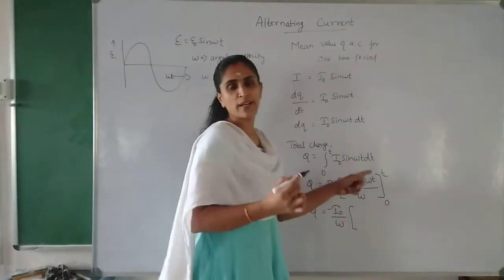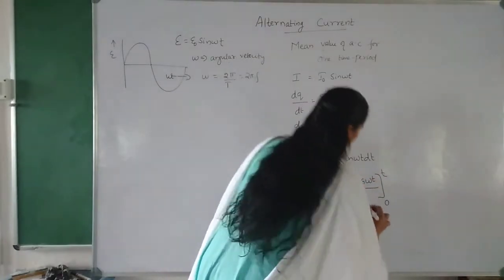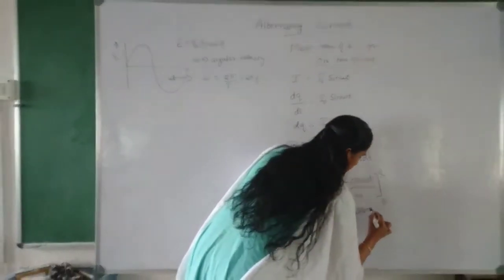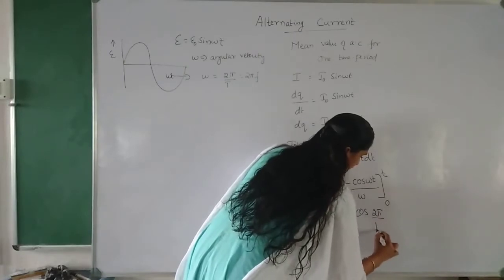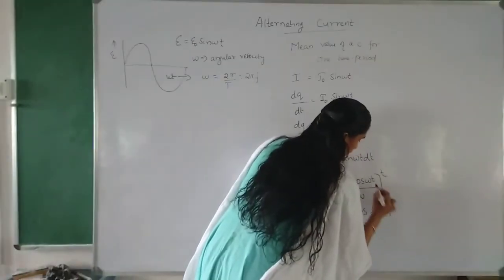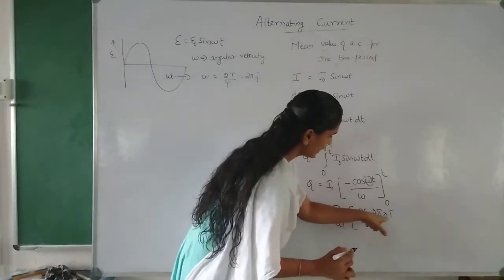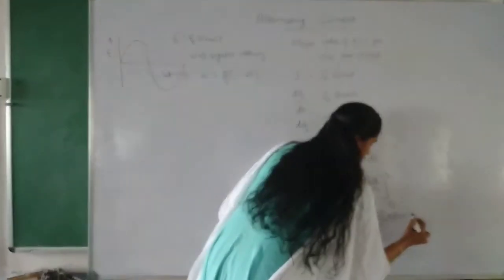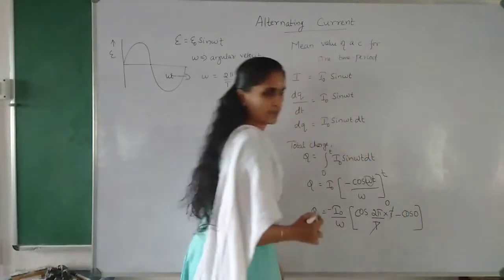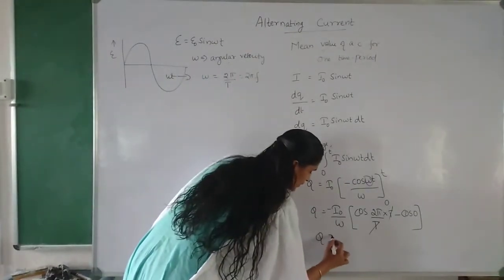Now we have to apply the upper limit and lower limit, upper limit minus lower limit. Instead of omega we write 2 pi by T, into T, minus the lower limit 0. Cos 2 pi is 1, cos 0 is 1. So the total charge is 0.